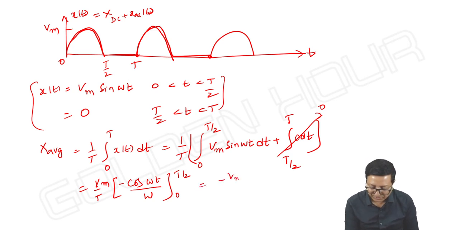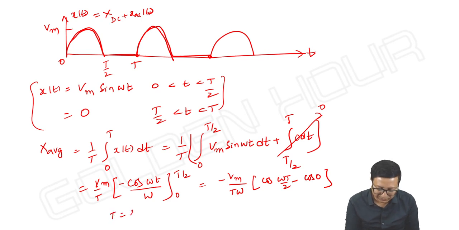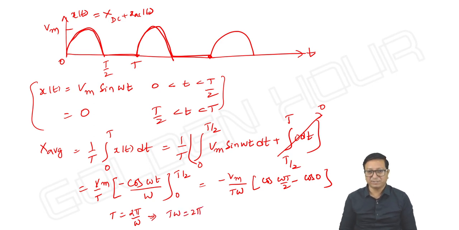Further, it is minus Vm by T into omega, times cos omega T by 2 minus cos 0, substituting the limits. And we know that T is equal to 2 pi by omega, or T into omega is equal to 2 pi. We are well aware of it.